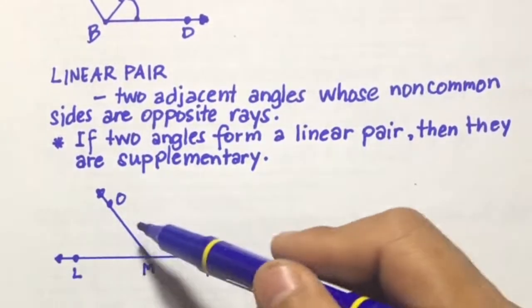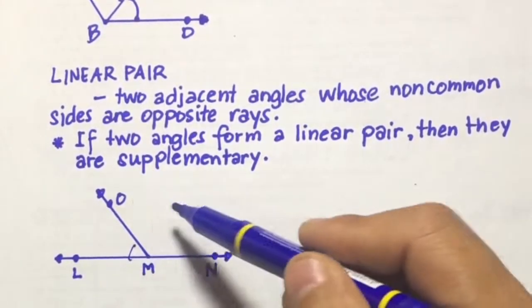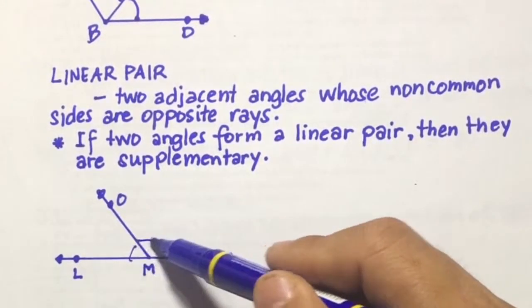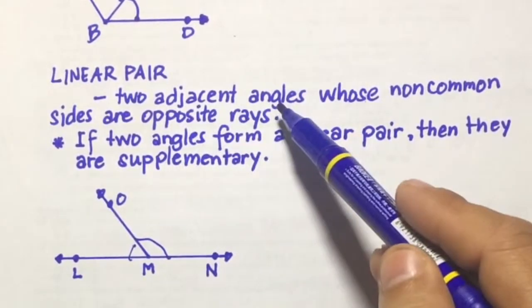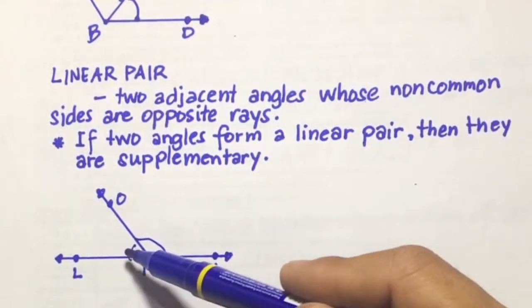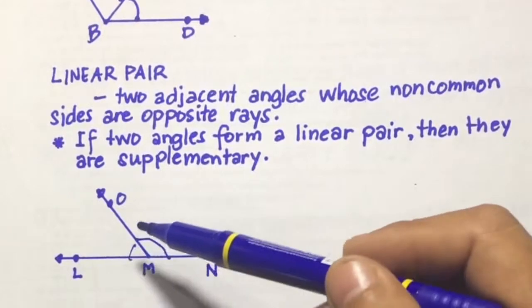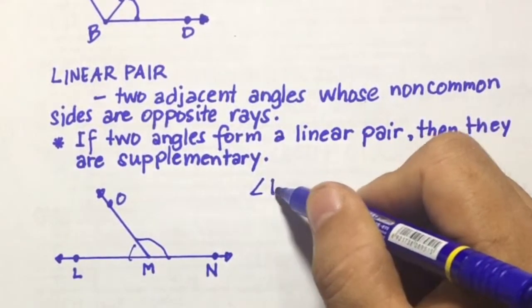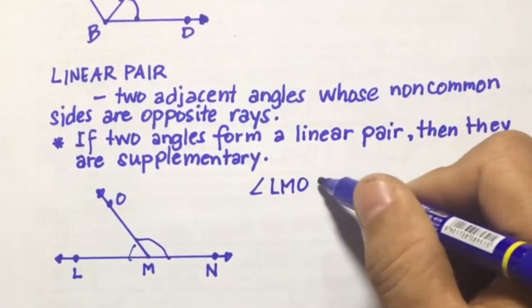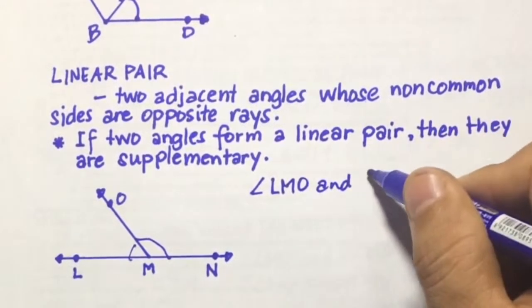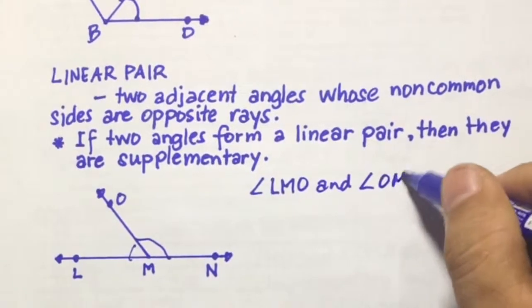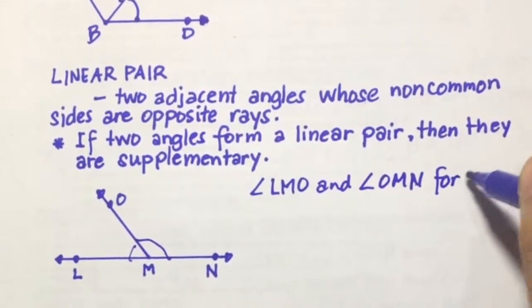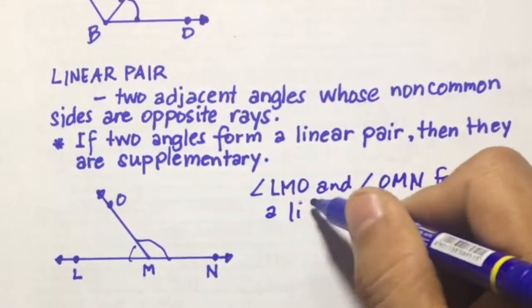Then these two angles, LMO and angle OMN, are also adjacent angles. So we can say that these angles form a linear pair. So angle LMO and angle OMN form a linear pair.